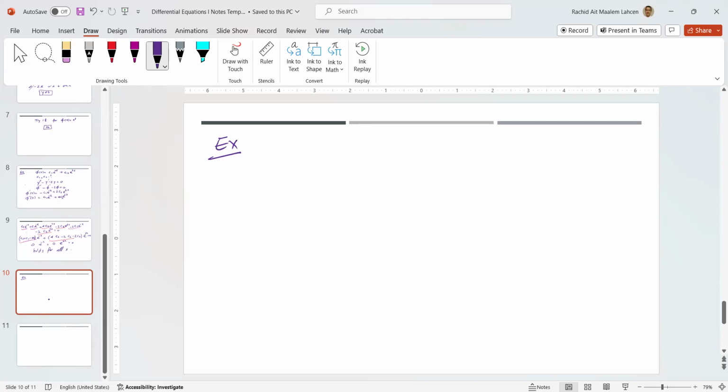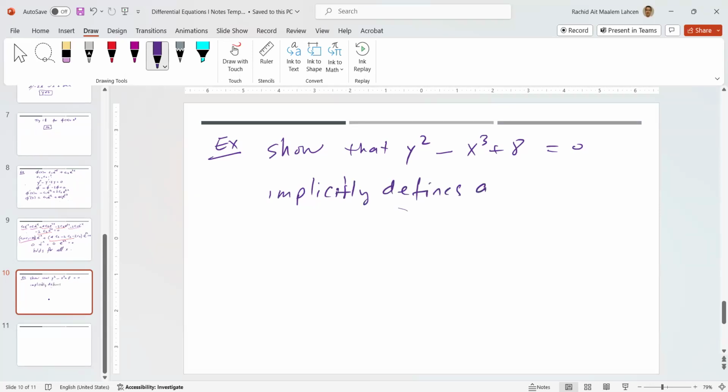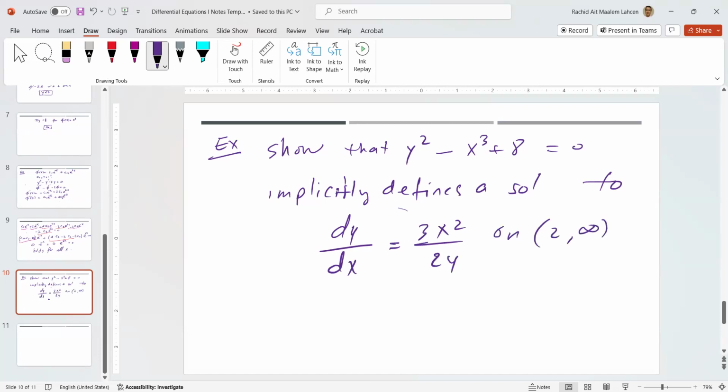So let's do an example to show that y squared minus x cubed plus 8 equals 0 implicitly defines a solution to this equation, on some interval, of course.